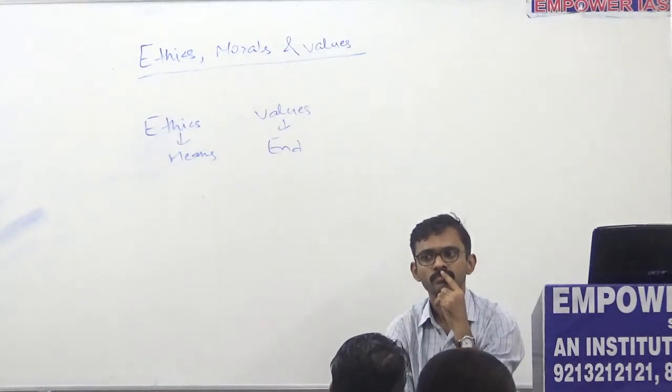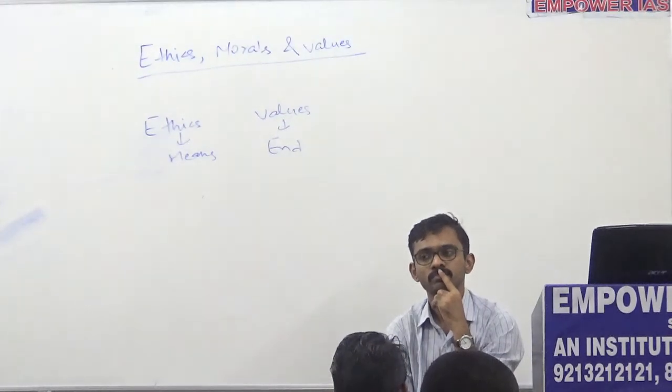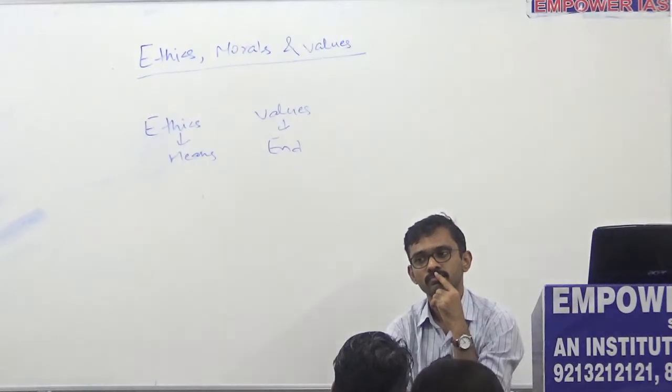As per the definition, morals are from the individual perspective and values are from the collective entity. So let's say there is a community which has specific values, and now we examine whether this set of values can be accepted on a global basis or not, and we choose the right values from that which can be accepted globally.